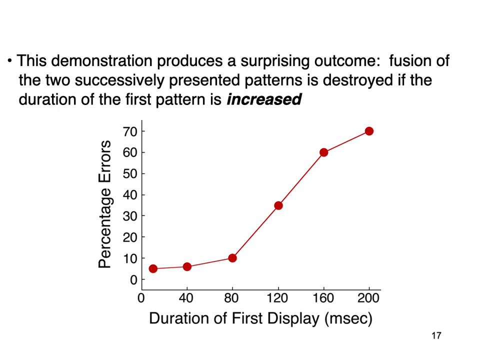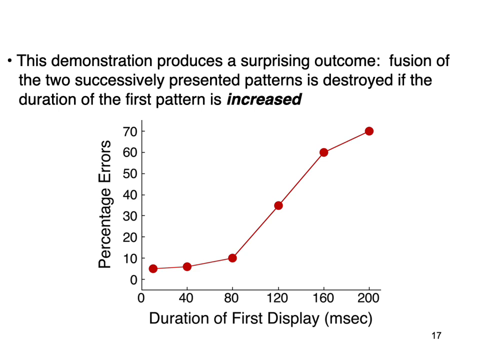So it's either 10 milliseconds, running your eye along the x-axis, 40, 80, 120, 160, or 200 milliseconds, meaning I'm giving you more and more time to see the dots in the first display. And on the y-axis is the amount of errors you make in saying where the missing dot was when you fuse the two displays. Again, the first display is varying in duration from 10 milliseconds to 200 in systematic steps. The duration of the second display is not varying.